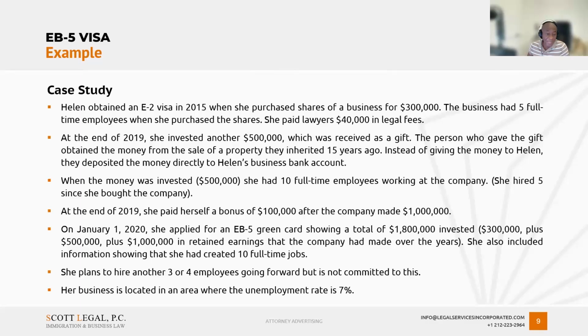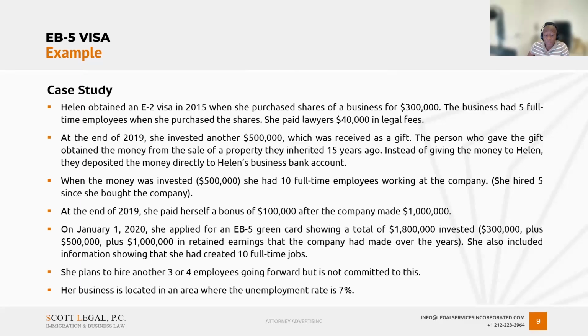Maybe we could make an argument for the $500,000 if it was put into her personal account and she could prove the source of funds, and then she'd only have to invest another $300,000 because this is a TEA. But she does still have to come up with hiring at least another 5 people. If we can count the $500,000 and she's hired 5 people after that was made, then we could count the 5 people.